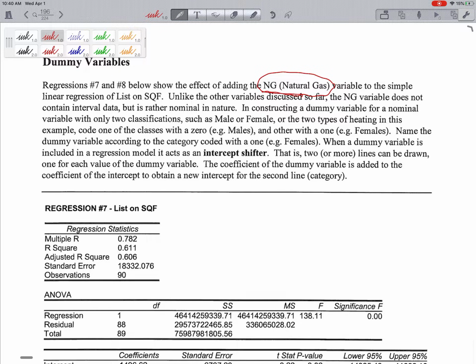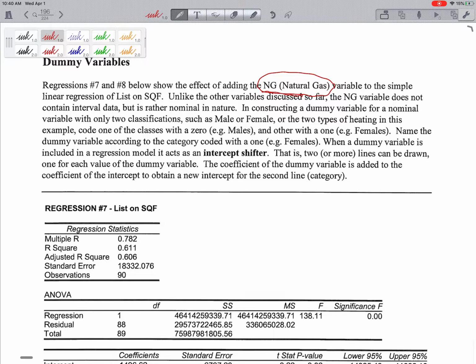You do the same thing for gender. If you've got males and females, you would choose one of those. For example, if we had a variable called female, then anyone who's a female would be denoted with a 1, and anybody who is a male would be denoted with a 0.